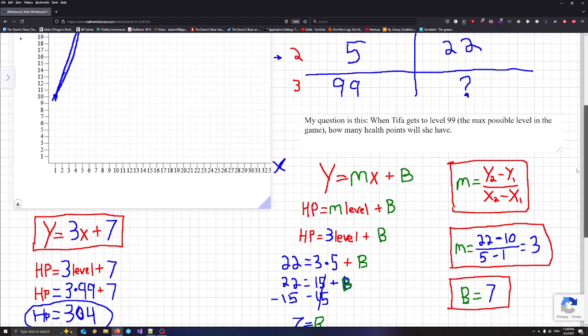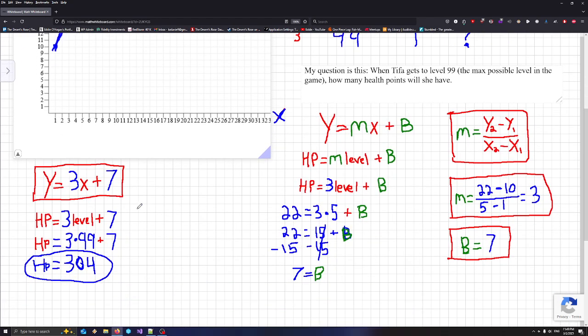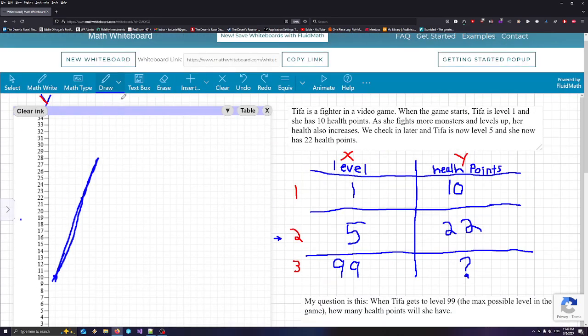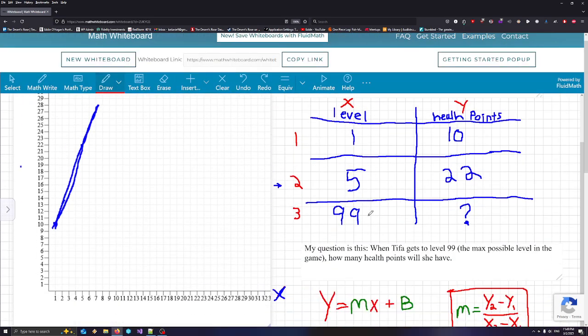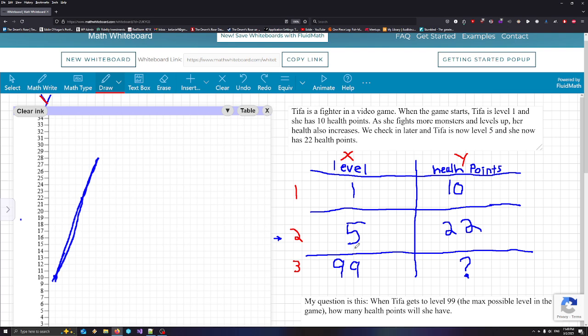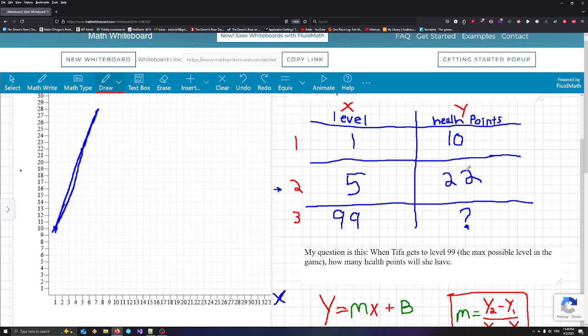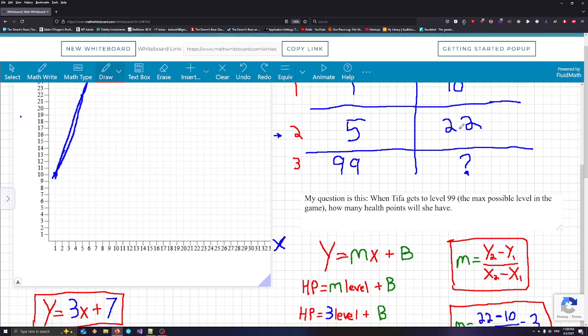I'm pretty sure it looks like we did this right, but we could actually check ourselves if we want to double check, which is always good. So let's do that now. The way we could check ourselves is we can plug in known data. So we know the health points are going to be 22 at level 5, right? Or 10 at level 1. So let's try plugging in for level 1. We should get 10 out, right?